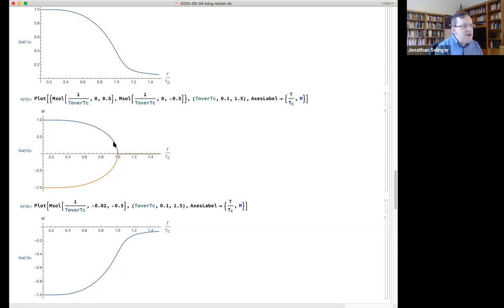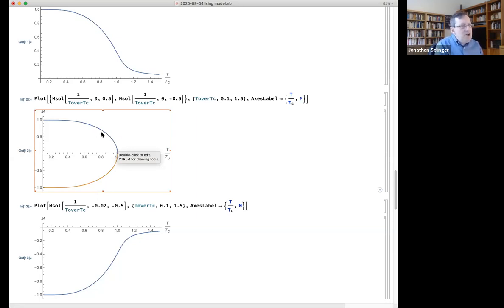So right here, this is where the plot looks like a square root law. It looks like the parabola on its side. So close to the critical temperature, you can see the square root law that I calculated on the whiteboard a few minutes ago.